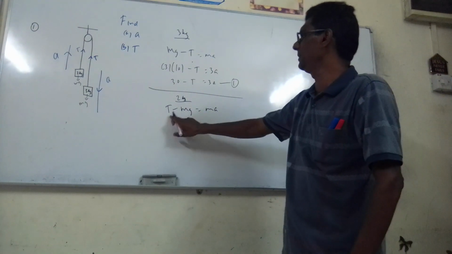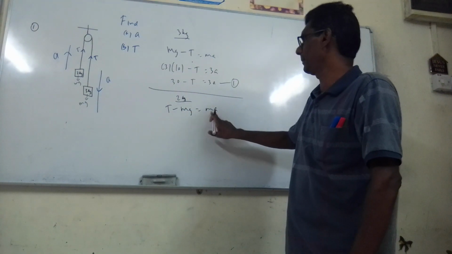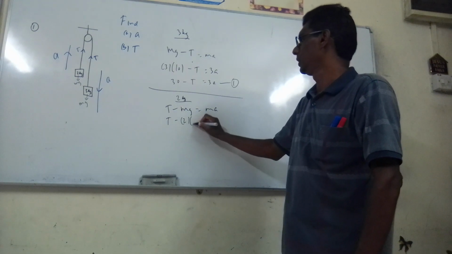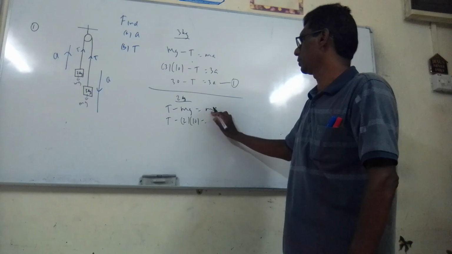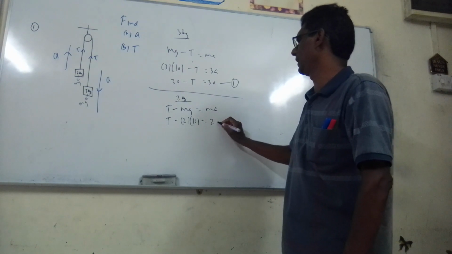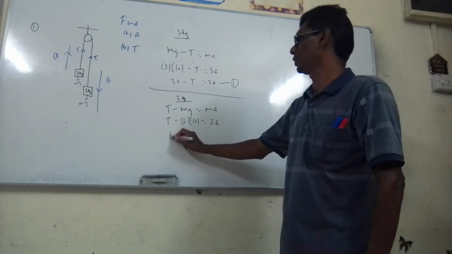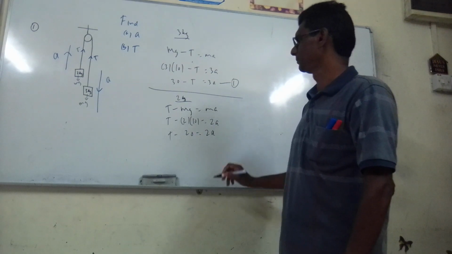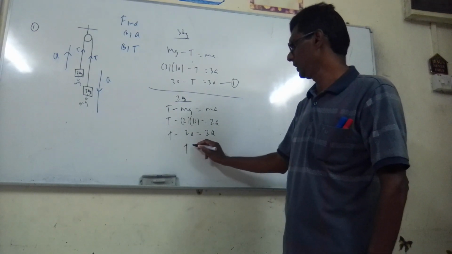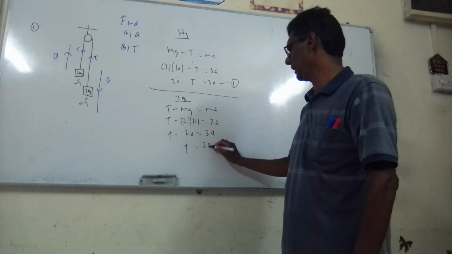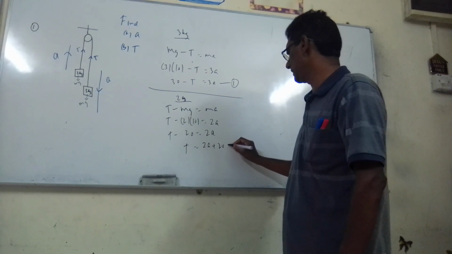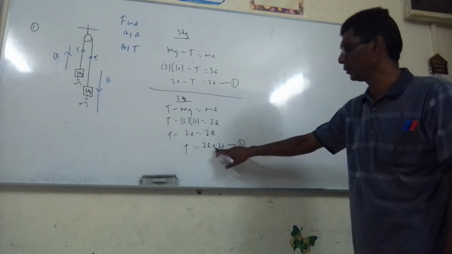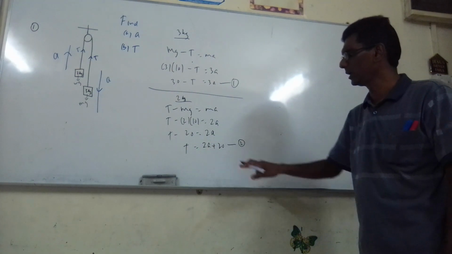With m equals 2 and g equals 10, T minus 20 equals 2a. So T equals 2a plus 20, equation number 2.